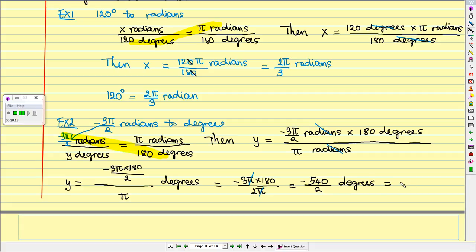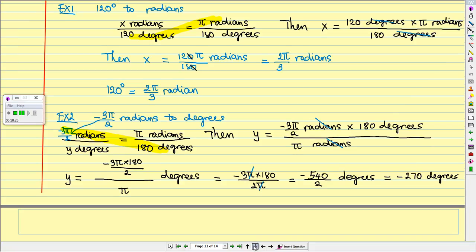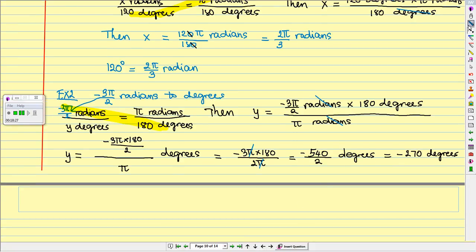And again, the unit is degrees. If we continue to simplify, that will give us negative 270 degrees. So now we can conclude that negative 3 pi over 2 radians is the same as negative 270 degrees.